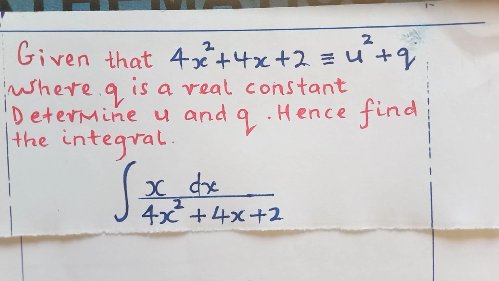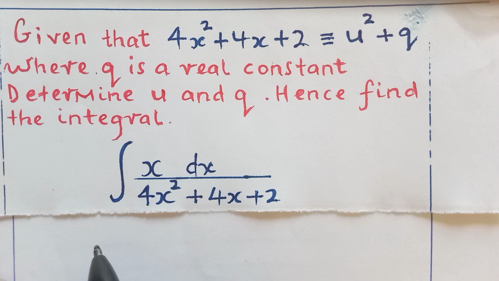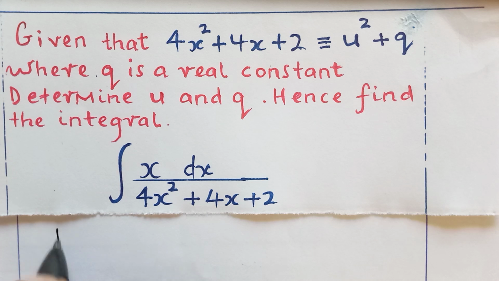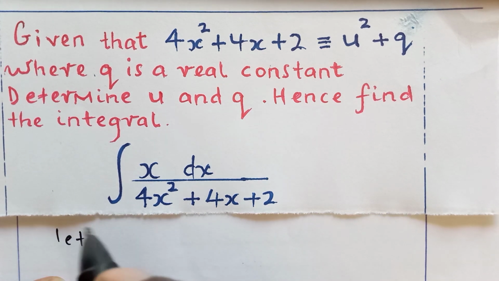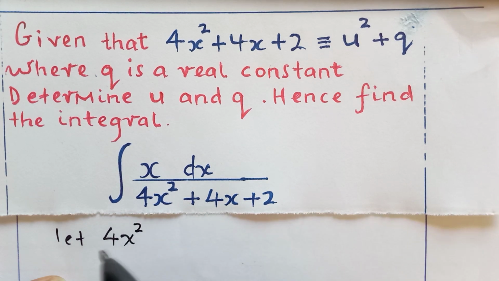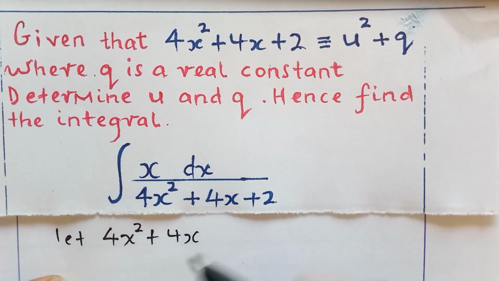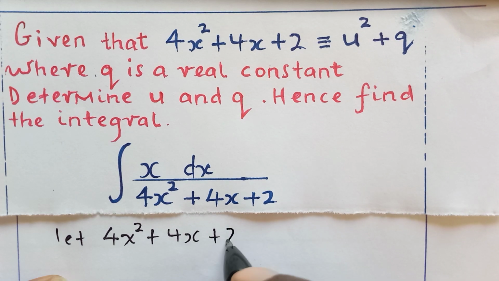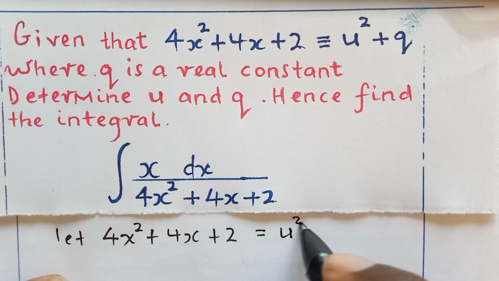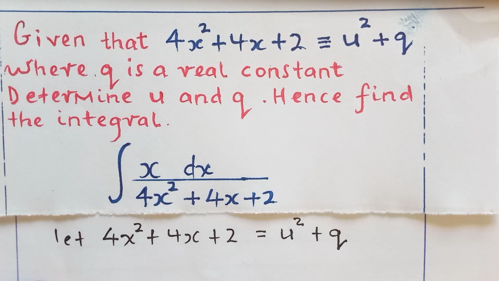So guys, we come and now write the question. We can write this one like, let 4x squared plus 4x plus 2 be equal to u squared plus q, like that.